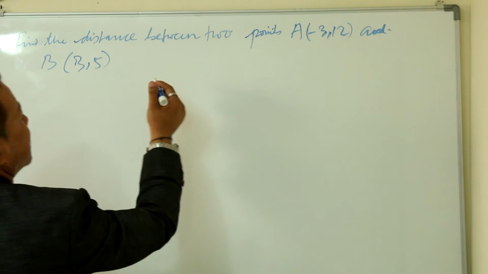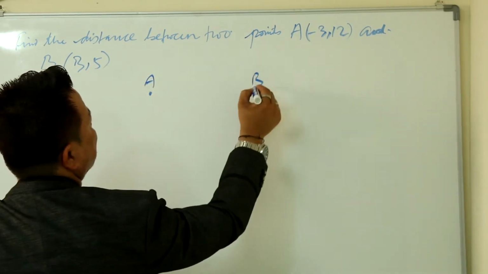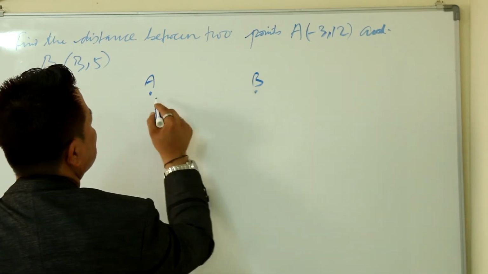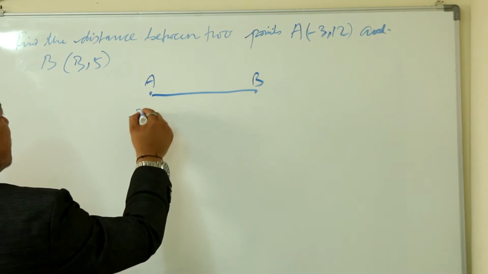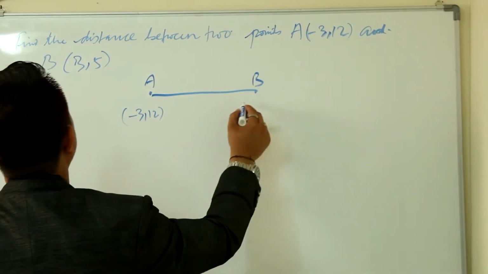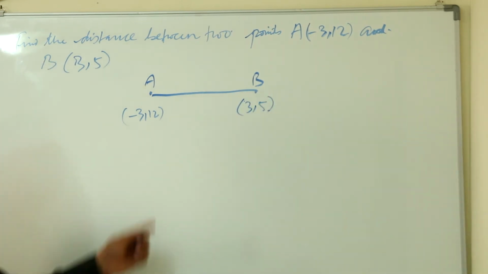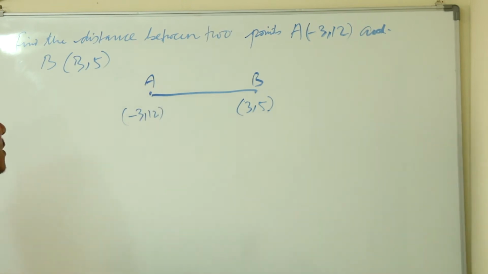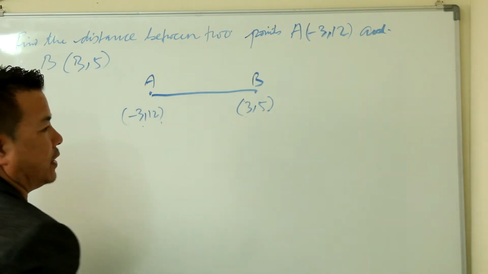Now the coordinates are already given, A and B. You need to use the formula to find out. So what are the coordinates of A? (-3, 12). And what are the coordinates of B? (3, 5). Now using that formula, you need to find the distance between these 2 points. As I told you, x1, y1, x2, y2 are given.